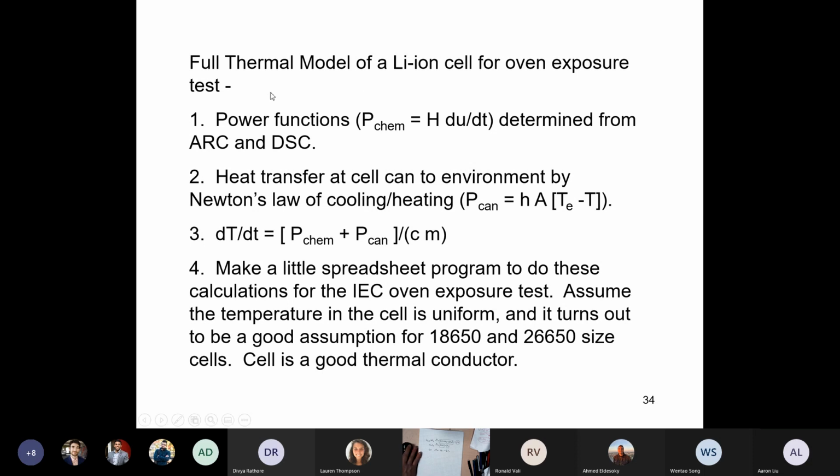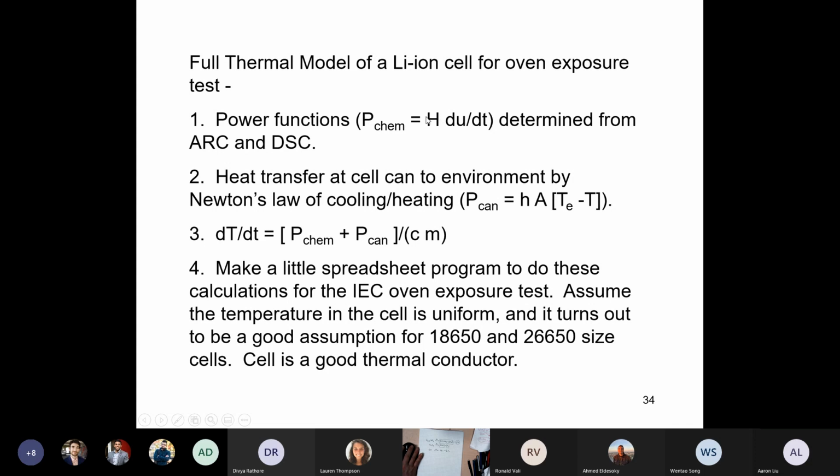You want to figure out what happens to a full lithium-ion cell in an oven exposure test. So you basically do exactly what we did before for ditertiary butyl peroxide. So you need what are called power functions. This tells you the chemically generated power due to the reaction between the electrode materials and the electrolyte.